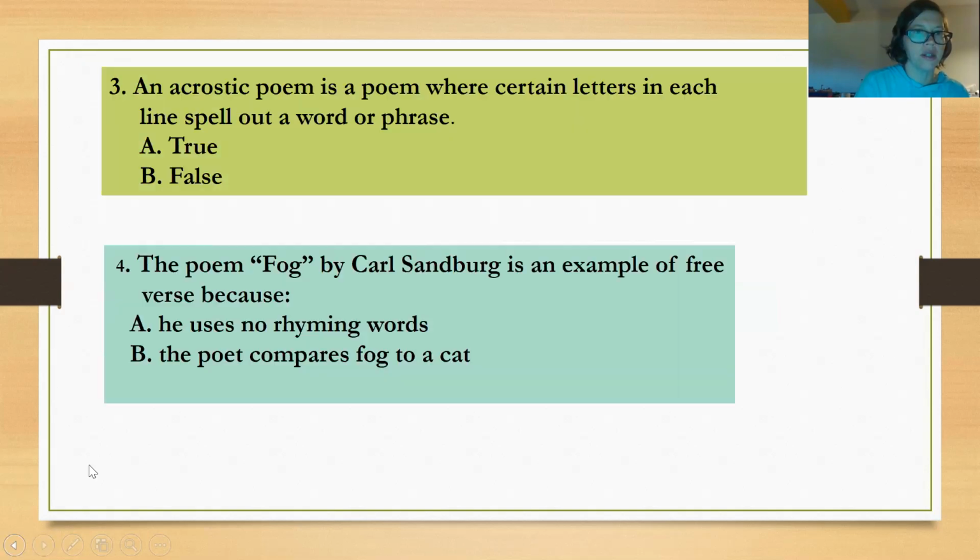And for number 3, an acrostic poem is a poem where certain letters in each line spell out a word or phrase. Again, that was A, true. And number 4, the poem Fog by Carl Sandburg is an example of free verse because, again, A, he uses no rhyming words.